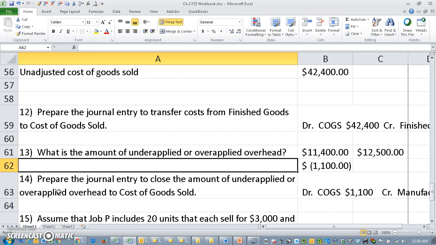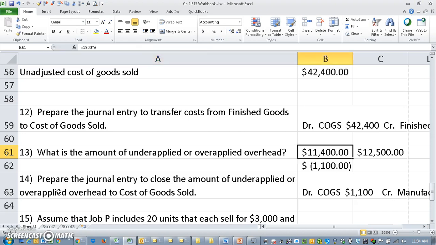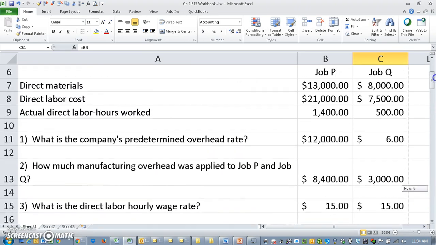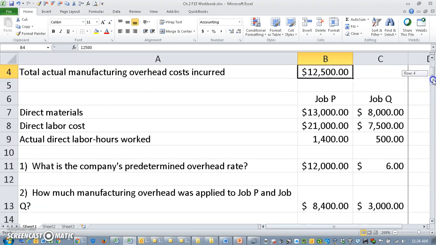Okay. Question 13, what is the amount of underapplied or overapplied overhead? Now, remember, way at the beginning, we were given that the estimated manufacturing overhead was $12,500. Or excuse me, not the estimated, but the actual amount of manufacturing overhead that we incurred was $12,500.